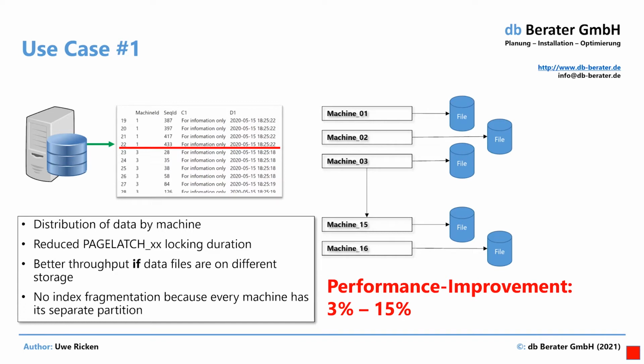So think about this. If you're not so familiar with partitioning, long story short, we take our table and for every group of data we make a separate table behind it, a separate allocation range.